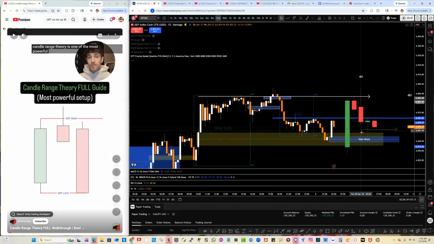These are my actual 4 hours candle. So when this happens, I expect this one to be bullish. And the moment it's bullish, I'll be looking at the next candle to be bullish. So we're forming the wick of these 4 hours right now. And we're forming a fair value gap.